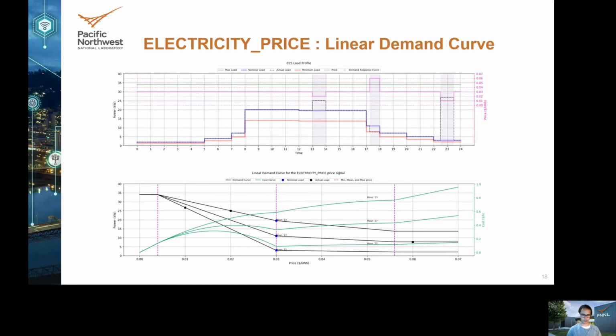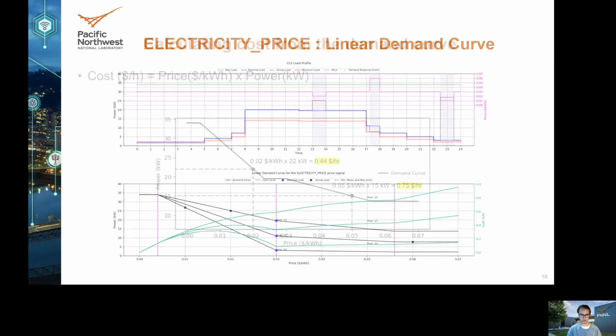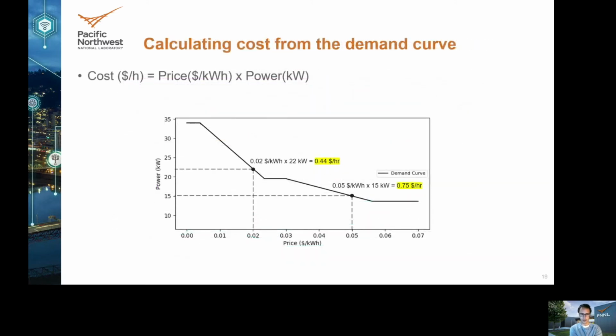Each individual demand curve has its own cost curve, and in order to calculate the cost, for each point on the demand curve, you multiply the price times the power to get your cost in dollars per hour. If you do this for every point on the demand curve, you get a cost curve that indicates how costly it is to run your system at a certain price and power level.